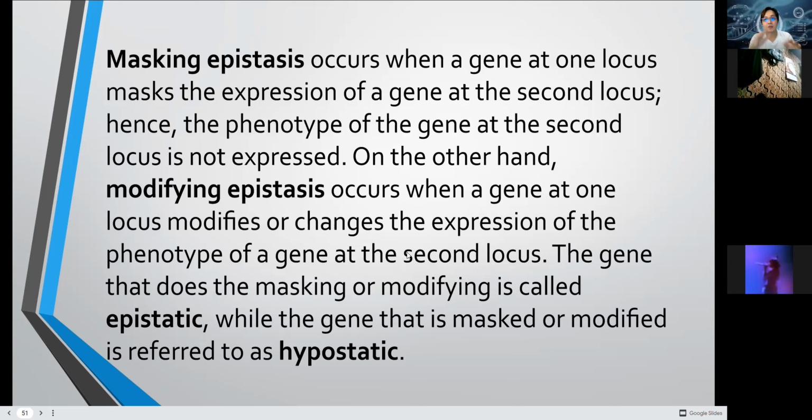It is actually the first gene on a locus that masks the expression of the second gene. The black, so the result is what? Blondie hair.